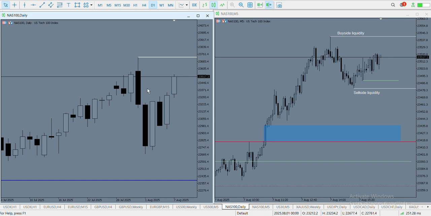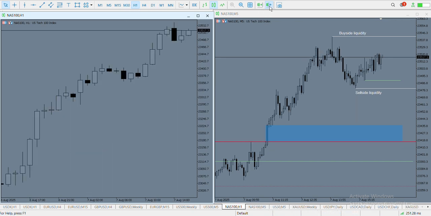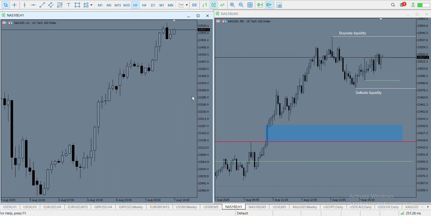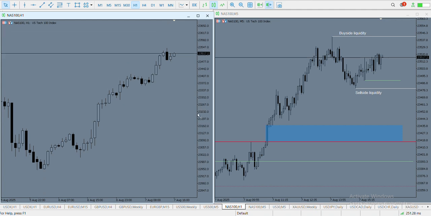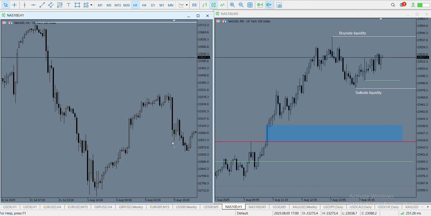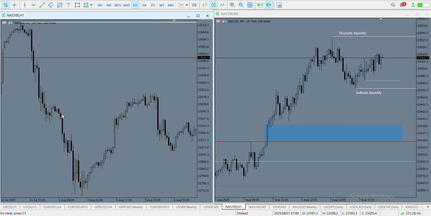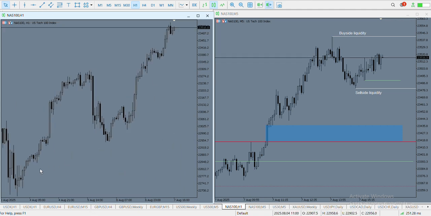Let's look at a 1 hour chart briefly on Nasdaq. So if you look at the 1 hour chart in Nasdaq, we've been moving higher from this range here. Starting from Monday, we moved higher. Tuesday, we had this decline here. Then going to yesterday's price action, we had this movement high.